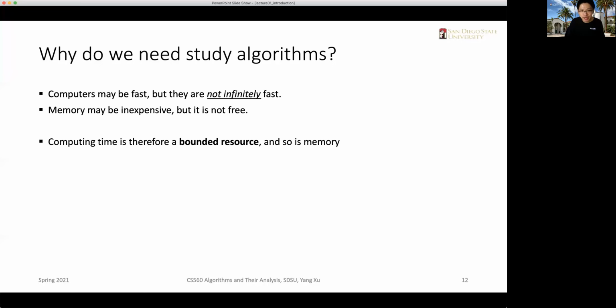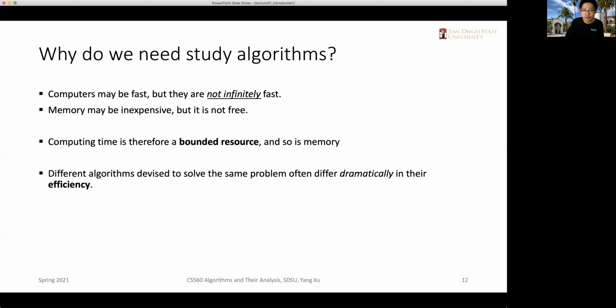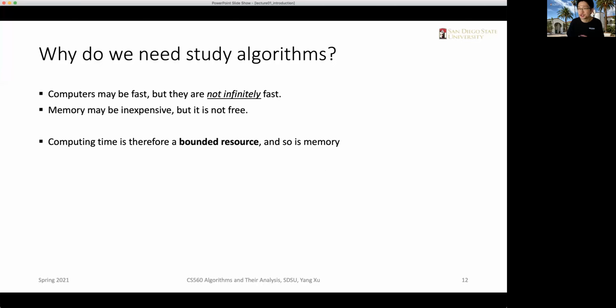So computation time and memory are bounded resources, and bounded resources need to be managed scientifically, need to be managed correctly. We don't want to spend all the resources. We want to put all the resources to solve the problem in an efficient way, without a waste of time and memory.